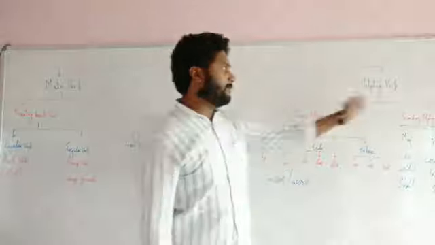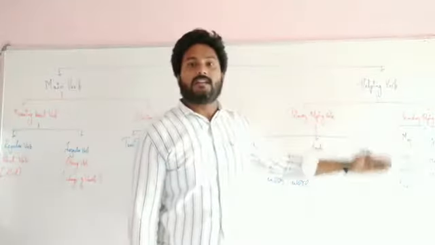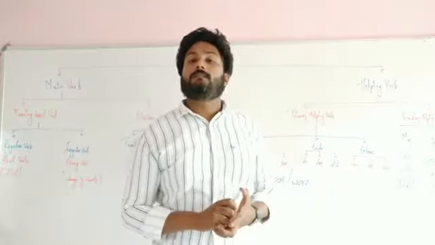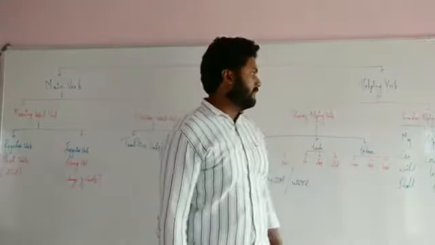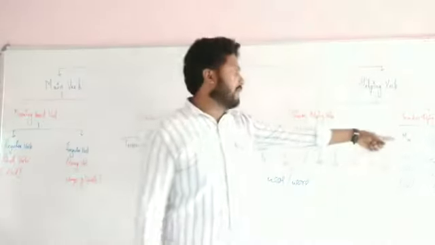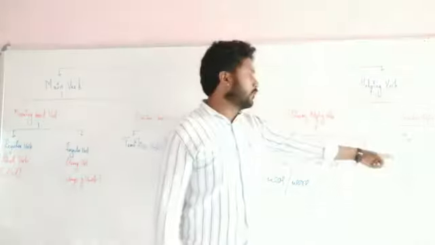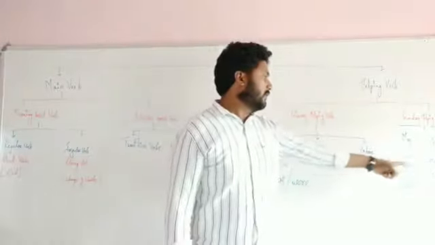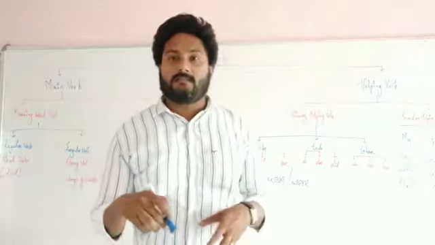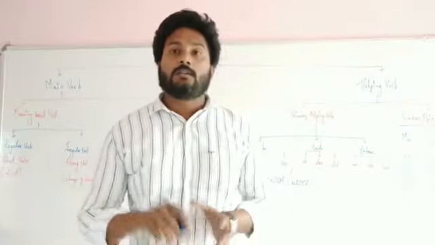And if we step towards the secondary helping verbs, they are also helpful in solving verbs. Secondary helping verbs are modal verbs: may, might, can, could, will, would, shall and should. These are the modals, secondary helping verbs.